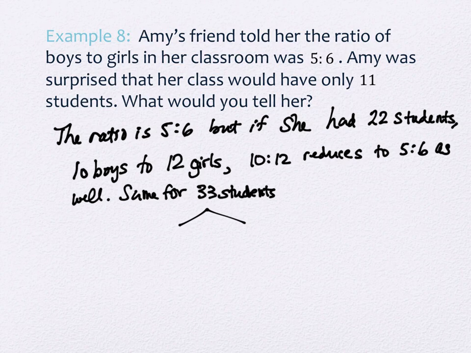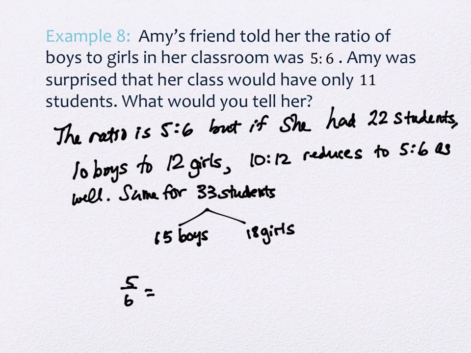We could have, what would it be, 15 boys and 18 girls. Okay, so we're looking for other fractions, right, that would become 5 over 6 when we simplify.